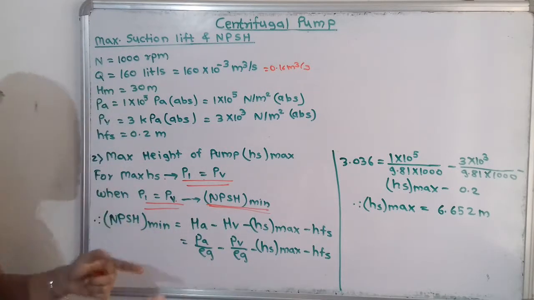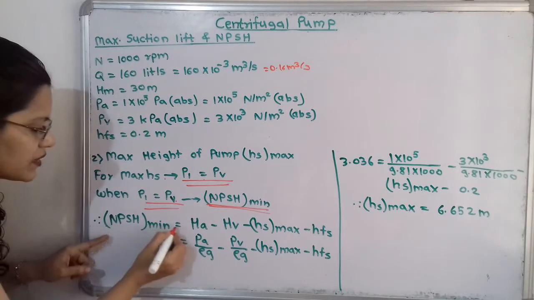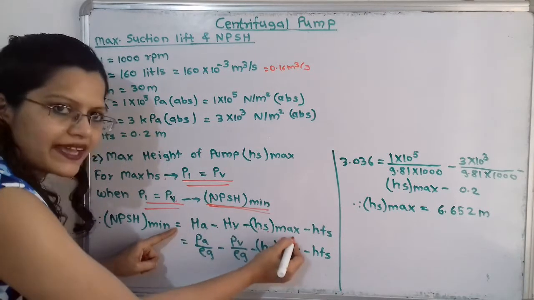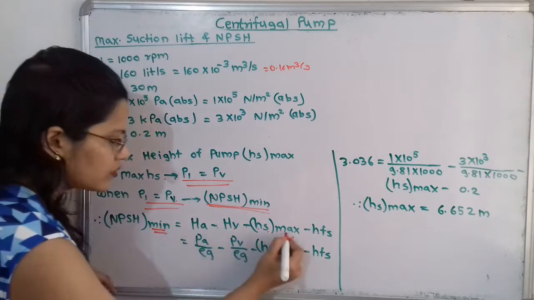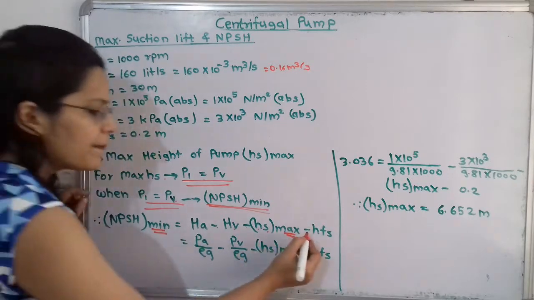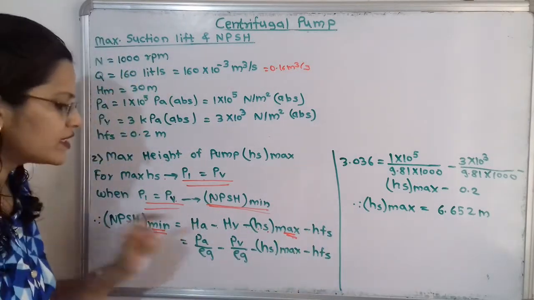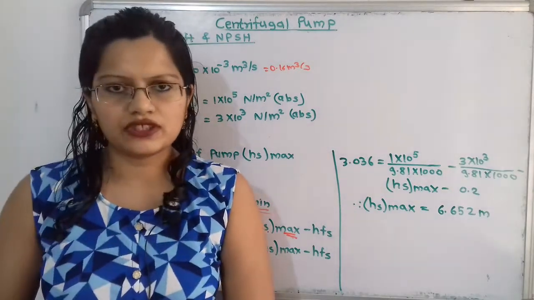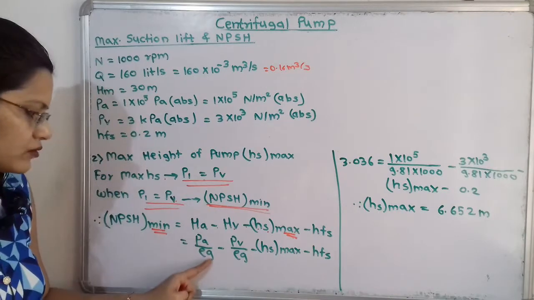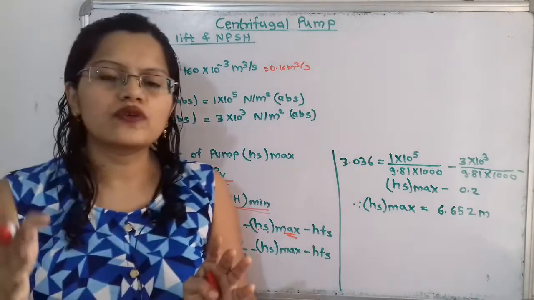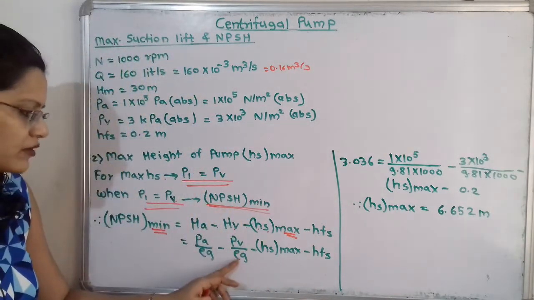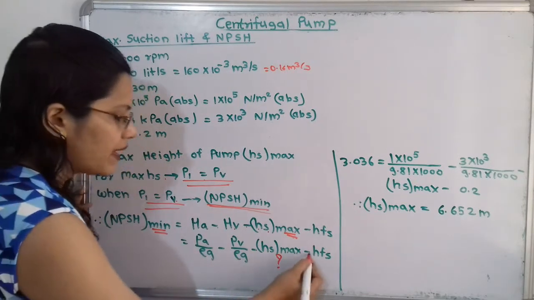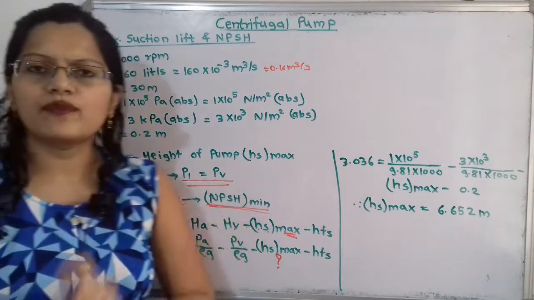So I will rewrite the formula: NPSH minimum is equal to HA minus HV minus HS maximum minus HFS. These are related to each other. What is HA? It is the head due to atmospheric pressure, that is PA by rho g. What is HV? It is the head due to vapor pressure, that is PV by rho g, minus HS maximum that we have to calculate, minus HFS.